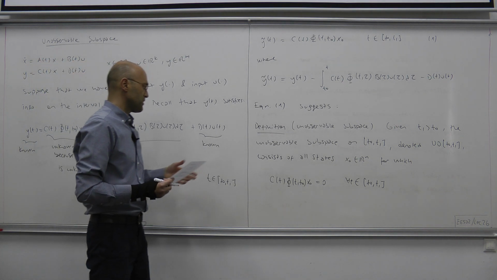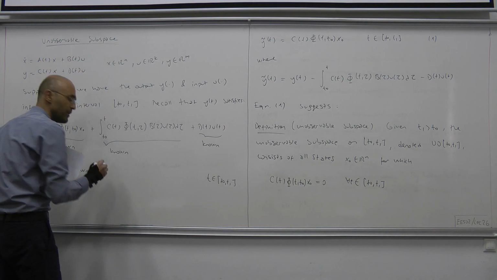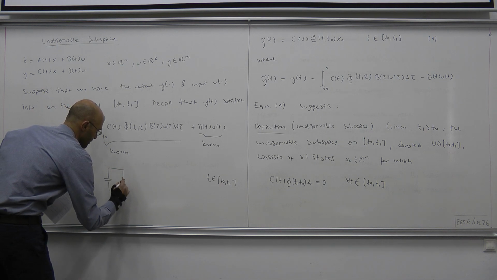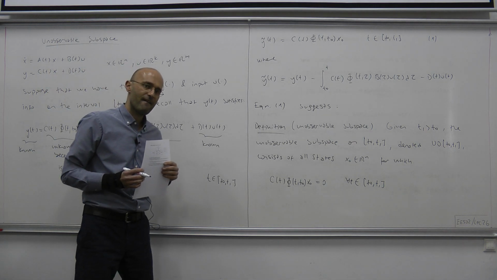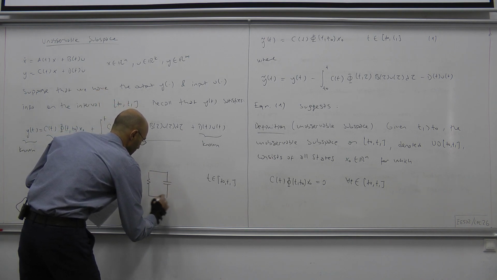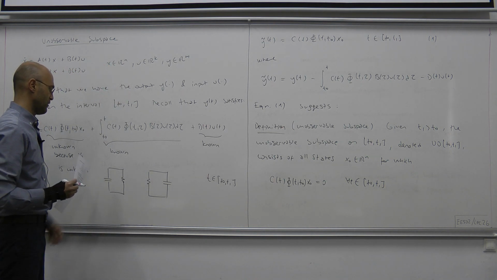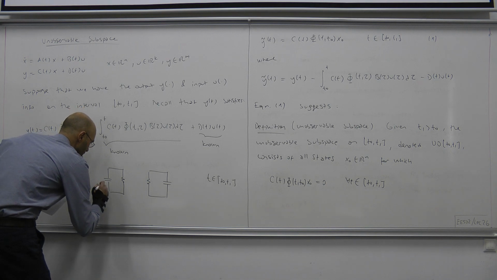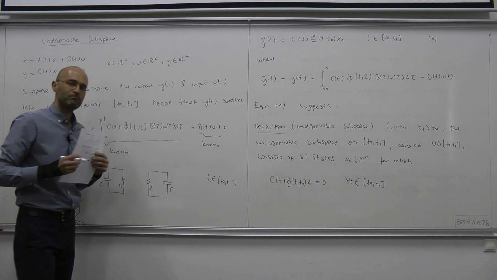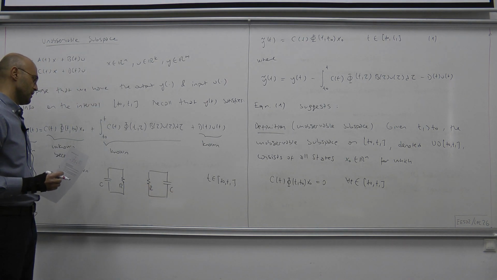So for instance, what's an unobservable subspace? Let's consider a very simple circuit. Here we have a capacitor and here we have a resistor, an RC network. Here we have another such RC network. Suppose this is C, this is R, and we have the same capacitance and resistance values here.